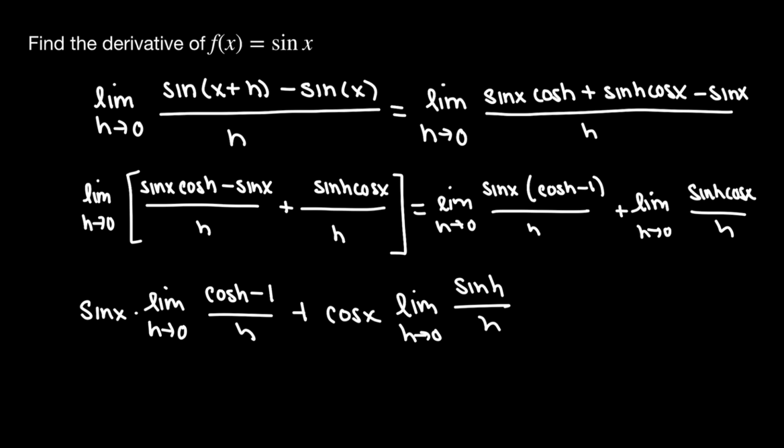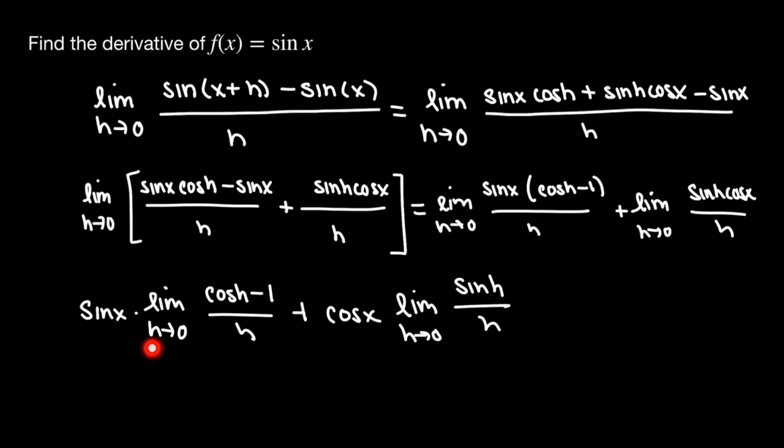To find these limits, in the first term, we've got this sin x, and the limit as h goes to 0 of sin x is just sin x. There's no place to plug in h = 0. And then we're left with the limit as h goes to 0 of (cos h minus 1) over h.